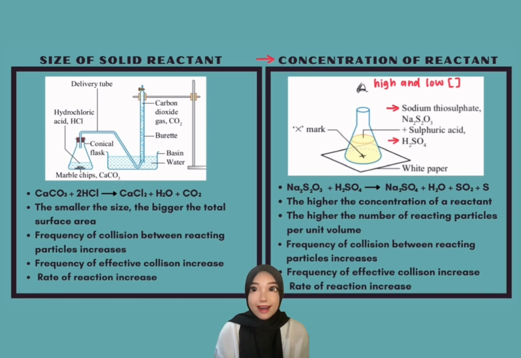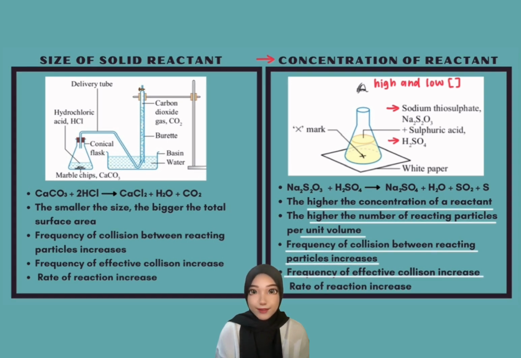The experiment that has a higher concentration of sodium thiosulfate has a higher number of reacting particles per unit volume. Thus, the frequency of collision between reacting particles will increase and the frequency of effective collision will increase too. In conclusion, the rate of reaction will be higher for the high concentration of sodium thiosulfate compared to the low concentration.